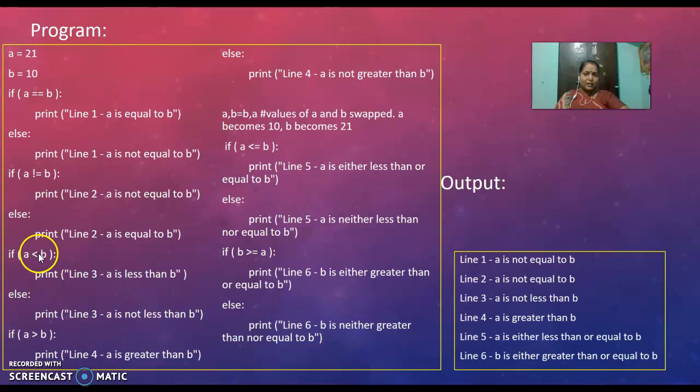So this will return false, so it will come to the else part and print A is not less than B. So you can check line 3, A is not less than B.